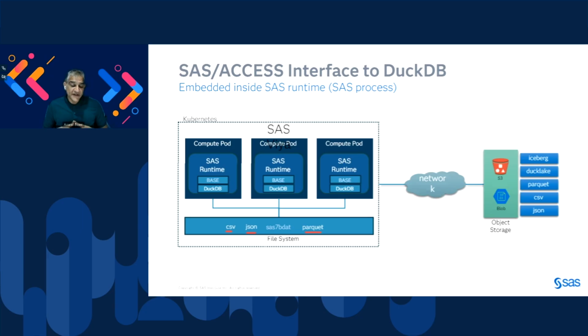So if you already have an environment where you are using S3 buckets, for example, to store your data sets in full fidelity, you can just take the SAS analytics right there and query the data sets from the location.